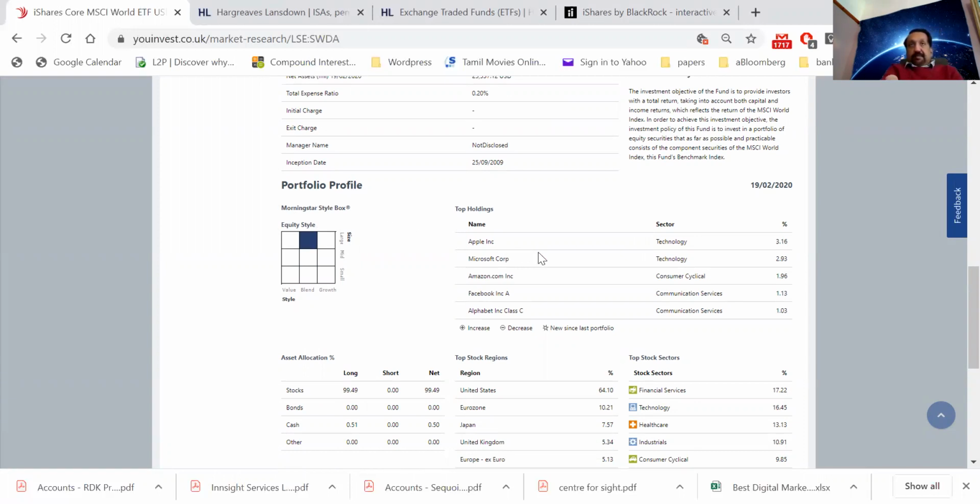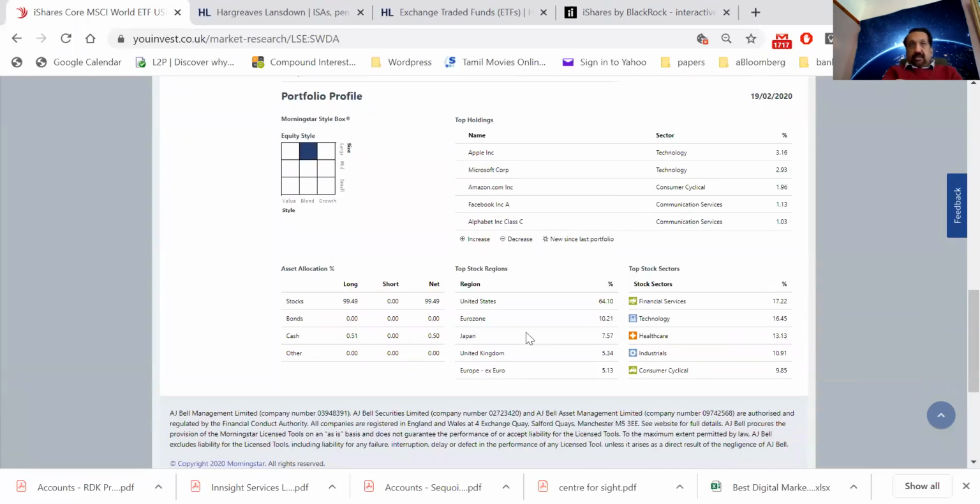And if you want to see the top few investments, 3% of its money is invested in Apple, again 2.8% in Microsoft, Amazon, Facebook, Alphabet, all US companies. Now you might think, oh, it's only US companies. Just go down and you'll see top stock region: United States 65%, Eurozone 10%, Japan 7%, UK 5%, Europe 5%.